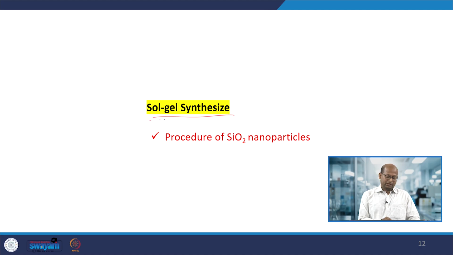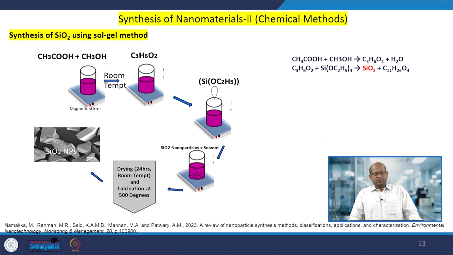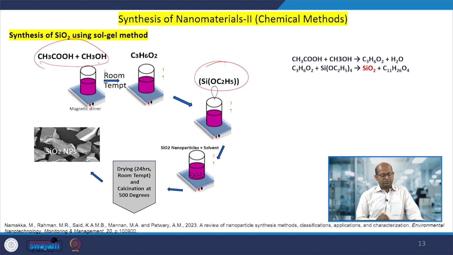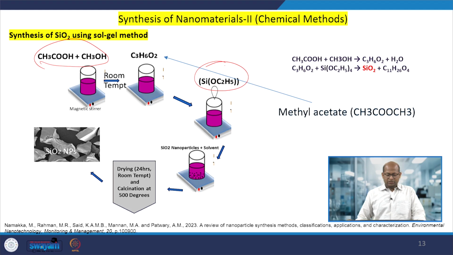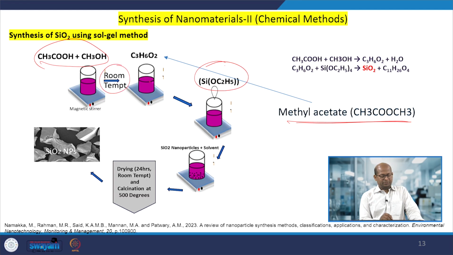Next is the sol-gel synthesis of SiO2, silicon dioxide, nanoparticles, which we can prepare by using this method. Here we have to consider a silica precursor, and acetic acid, ethanol, methanol we can consider. Then we mix them up, and after stirring we have to maintain some temperature and acidic conditions.